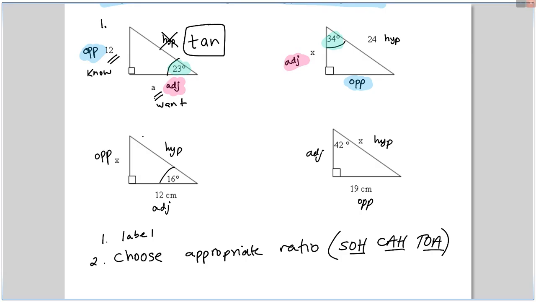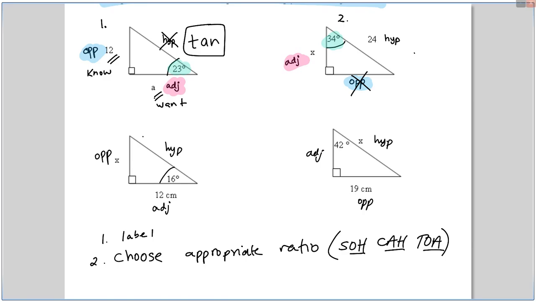What about the second one here, top right? Which one would you use for that? Which side do I know nothing about? No, adjacent is a letter, so you want that one. You don't know anything about opp. So which one does adjacent and hyp? Cosine, good.